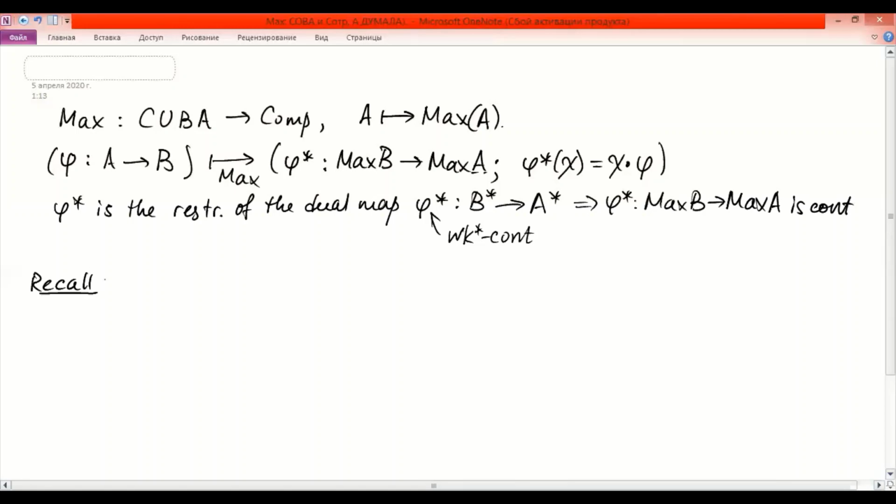For each compact Hausdorff topological space X, we have a bijection.